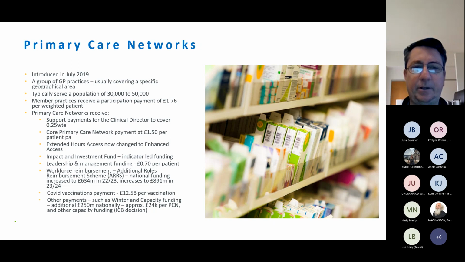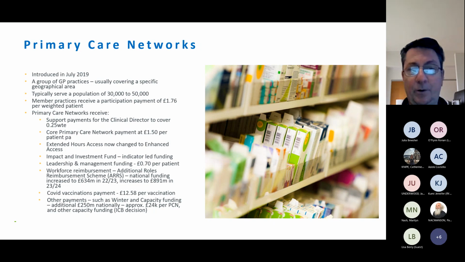And that is increasing next year to something like £750 to 800,000 per PCN. So that's big money per PCN, per 4 to 6 practices. That's major funding that's gone in to help GPs and help with the workload, and I'll talk you through them in a second.